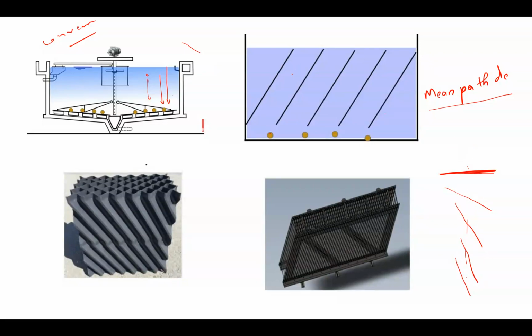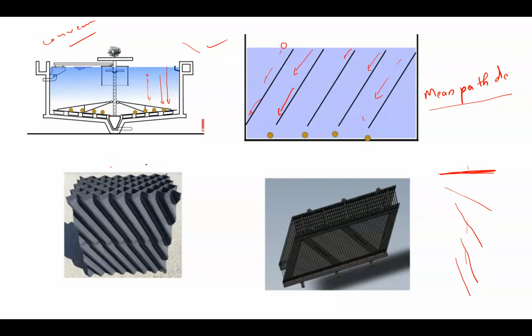So the particles travel and come like this. Compared to this setup, you are decreasing your travel path and collecting the particles. That is the main thing for the improvement of this chamber.